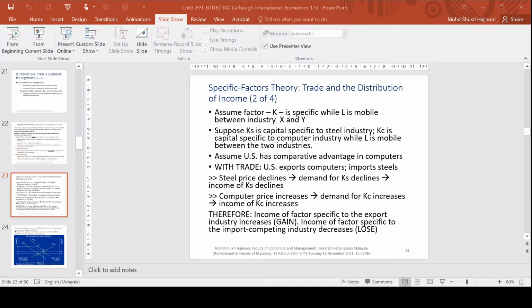Okay, let's see now. We have a total labor force of 30 workers.